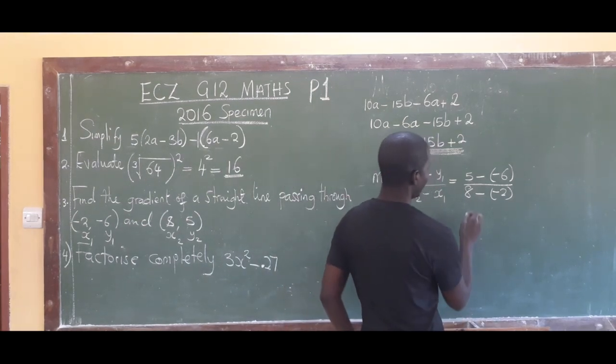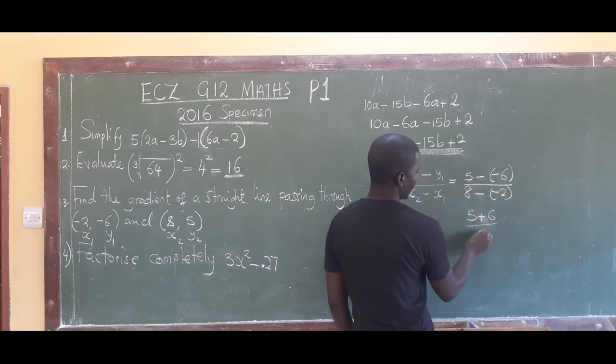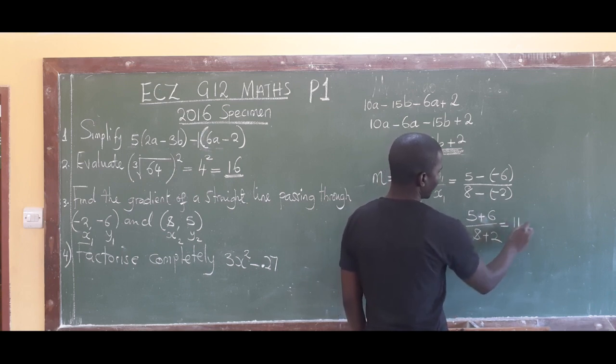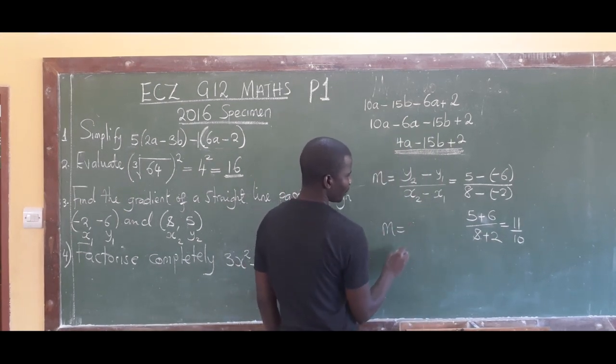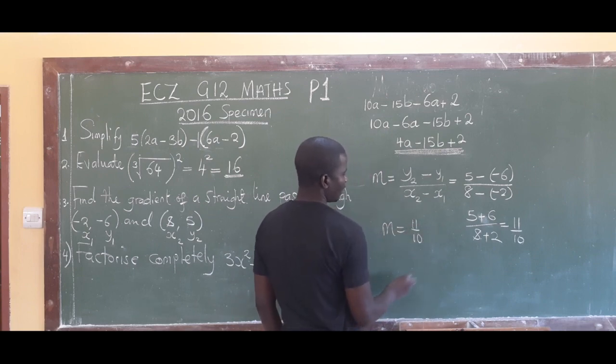Then we proceed and say this is 5 plus 6. Then here we have 8 plus 2. And this is going to give us what? This is giving us 11 over 10. So our gradient is equal to 11 over 10.